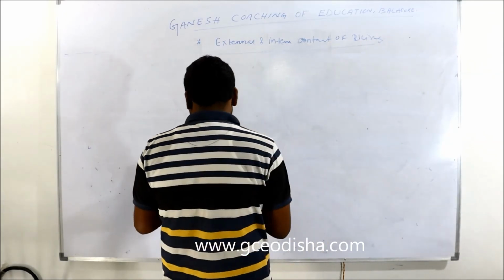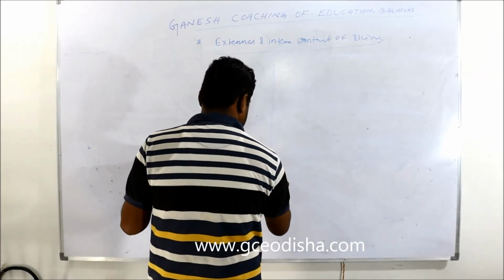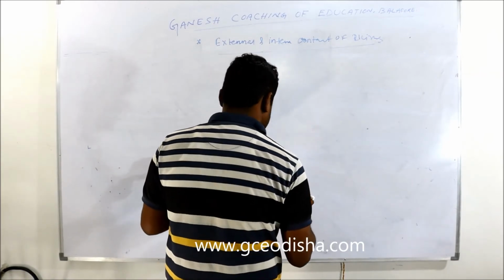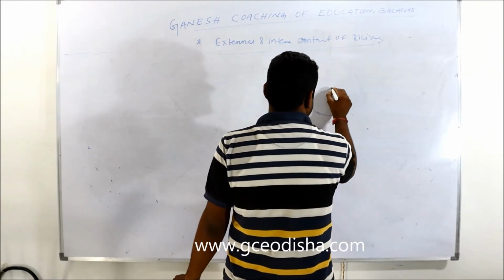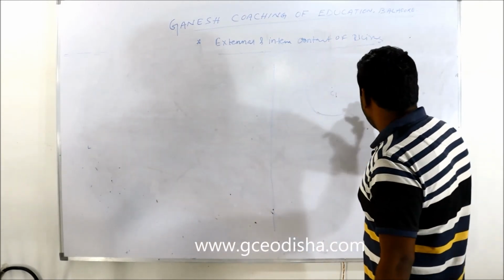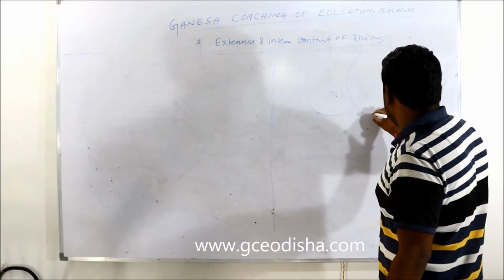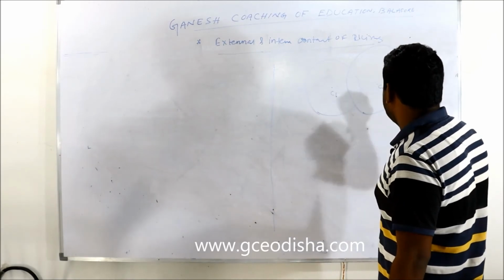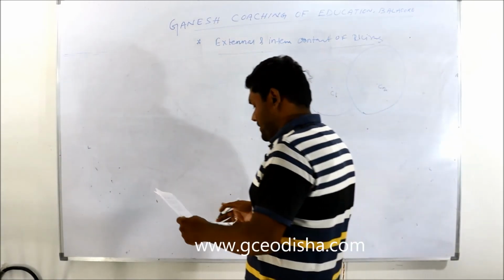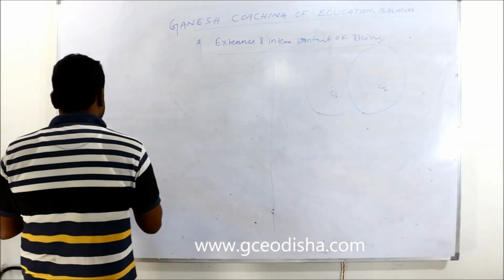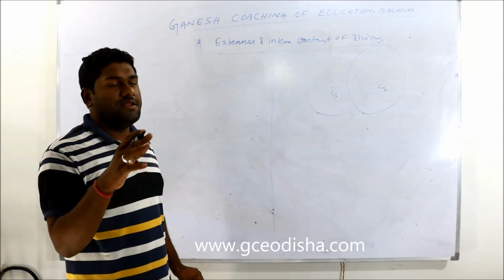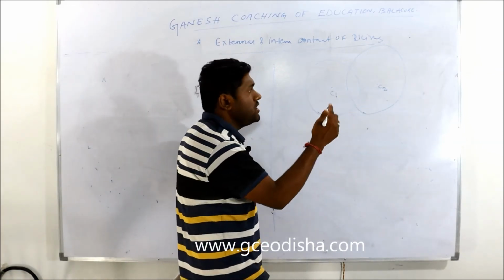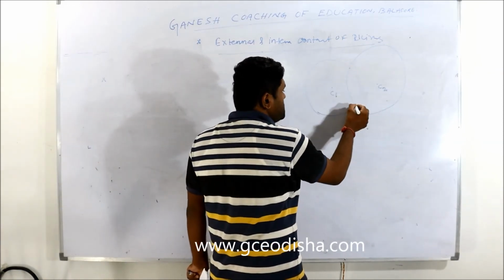Like this circle, one has center C1, and another circle has center C2. Then the condition is for the interaction of two circles at real and distinct points. The two circles will interact at real and distinct points.